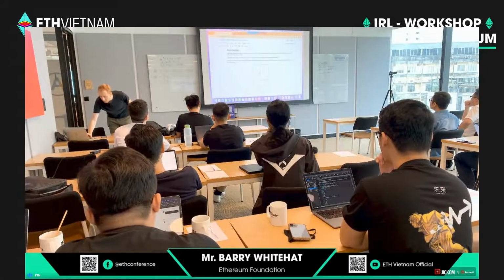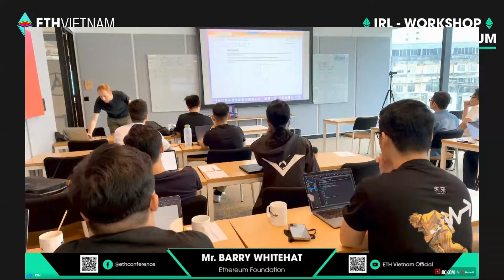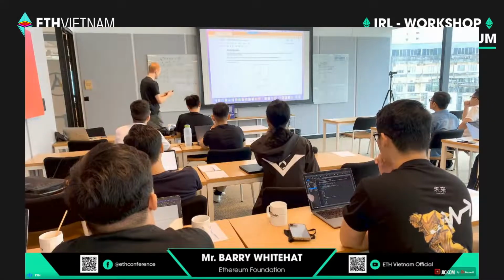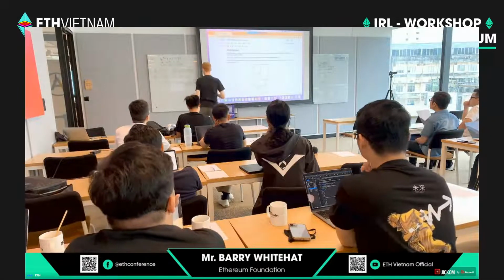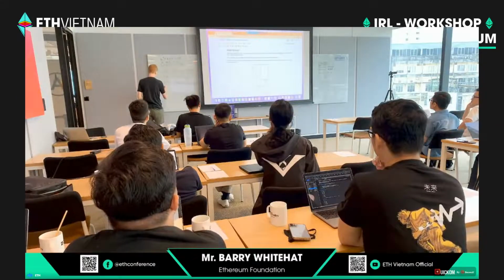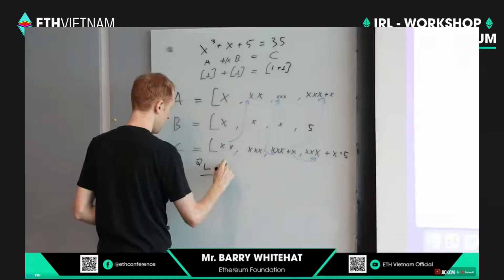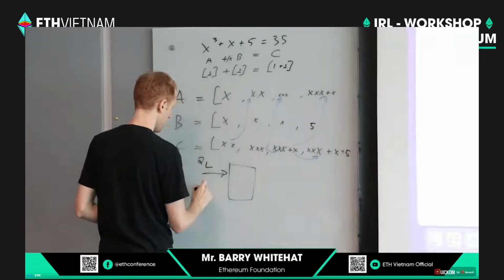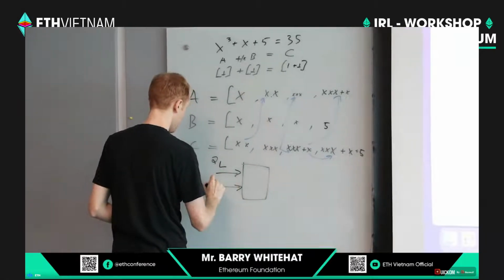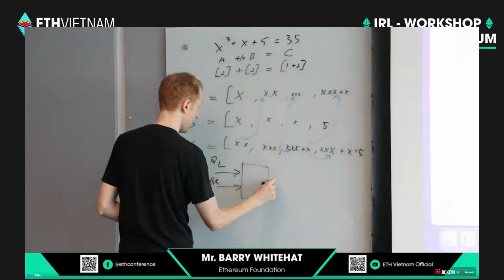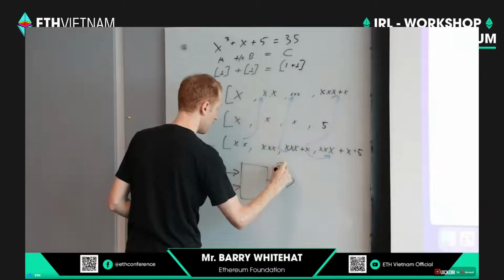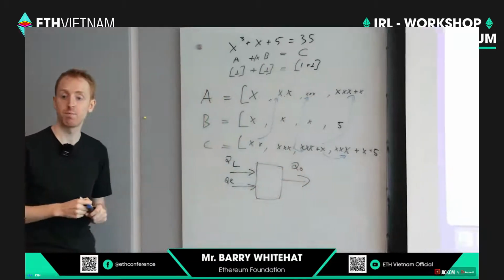QL, this is QL, this is QR, this is QO. So each time we have a gate, we have the left-hand side, QL, QR, the right-hand side, QO, the output, right?